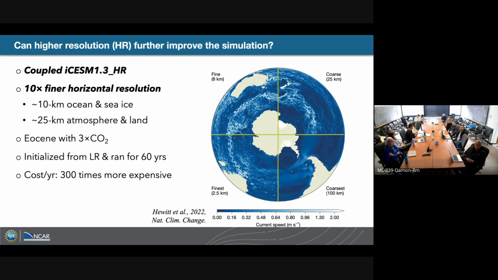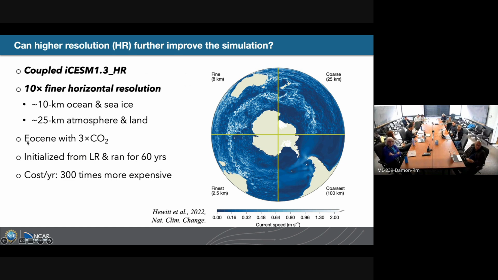And in light of the regional differences in SST and in the seasonal temperature, the question I want to address is, can higher resolution help and further improve the simulation? I'm going to use the simulation Betty introduced using CESM 1.3 high-res, and we have 10 times finer horizontal resolution than the simulation I have shown you so far.